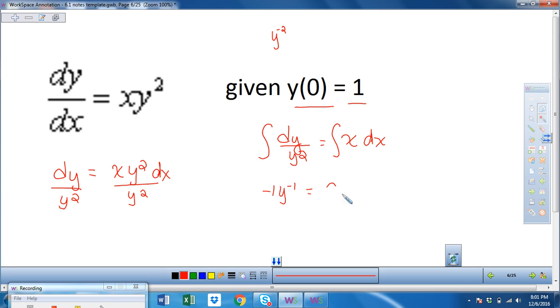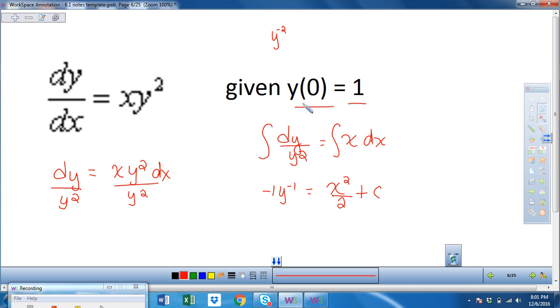And that's going to equal x squared over 2 plus C. Now you may be asking, why don't I write C on the left side? Well, you can. You can write C1 over here and C2 over here. But when I combine those C's, I get a constant. So I just say it's one constant, and we generally write it with the x variable.